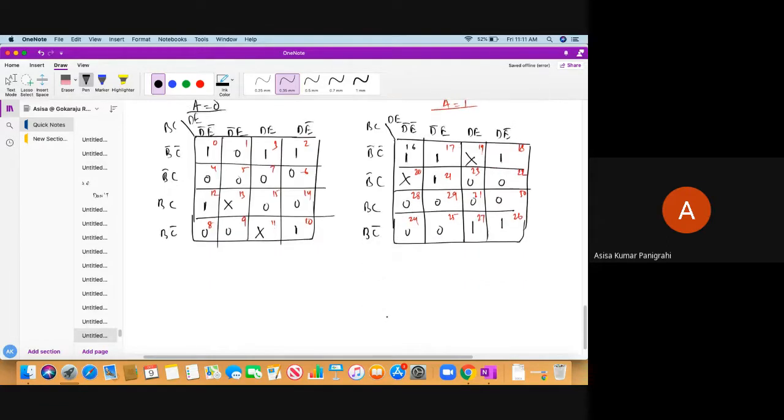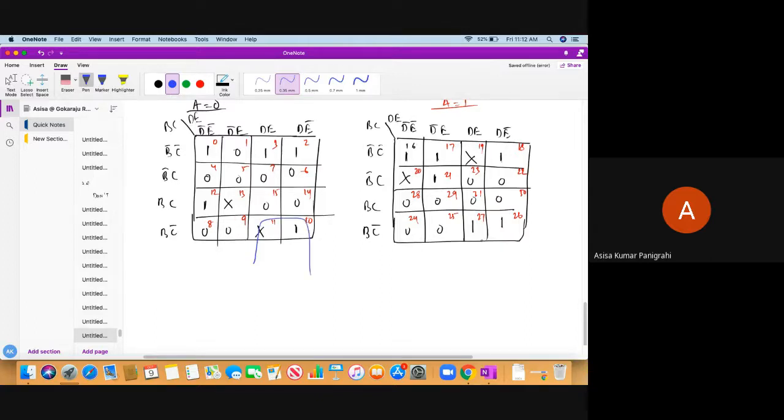Now start grouping. Always remember, students, you group across both sides so that you eliminate a variable. Am I correct? You try to do grouping in such a way that we can diminish some of the A variables. If I group these two, I can diminish my A. So these two are adjacent, I can group them. Also I can group these two.